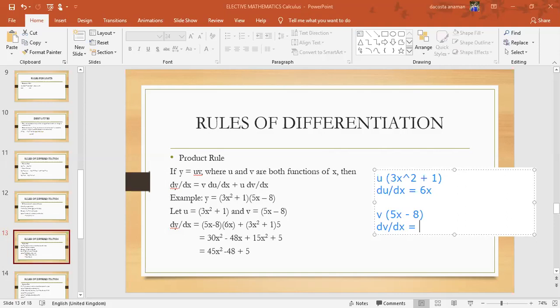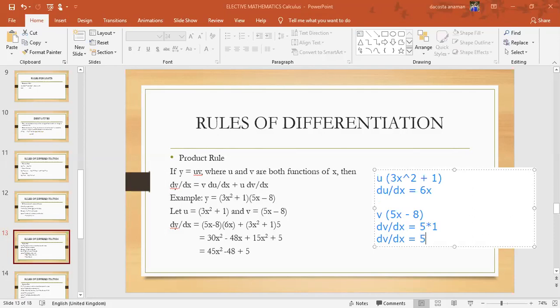You multiply it by the 5 and you get 5. Then you get x raised to the power 1 minus 1, the rule for differentiation. When you subtract, you get 0. Any variable raised to the power 0 is what? 1. Therefore, it will be 5 times 1 minus the constant, which is 8. Therefore, dv dx will be equal to 5.